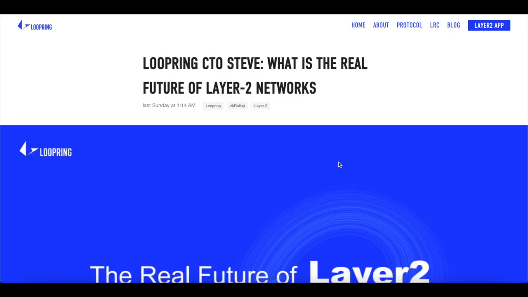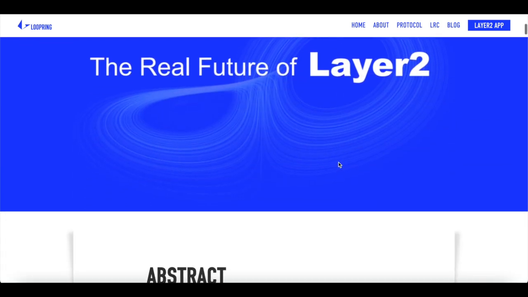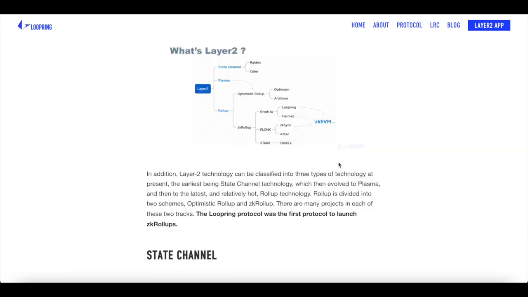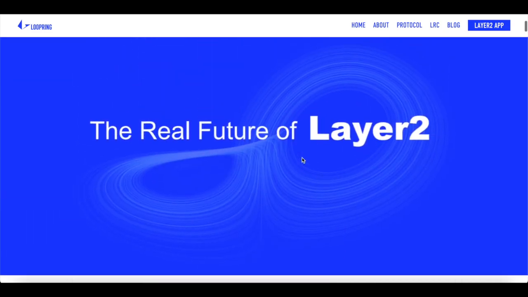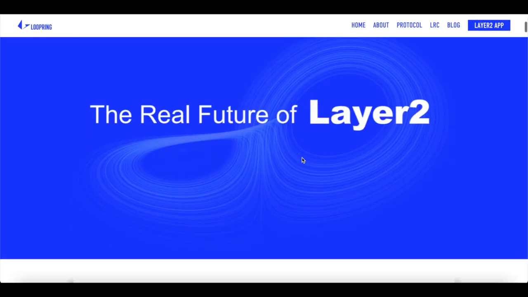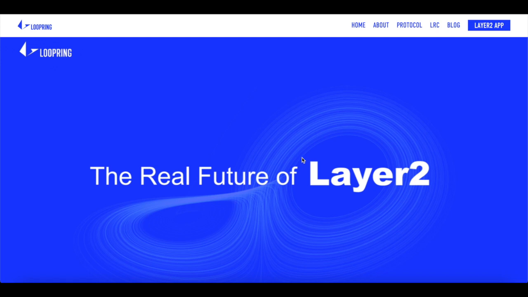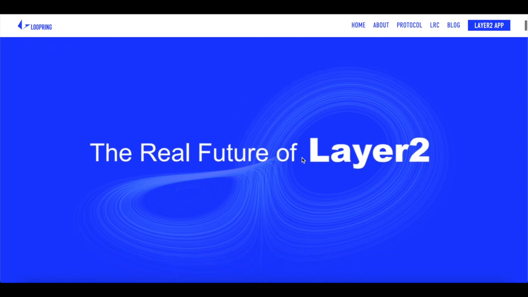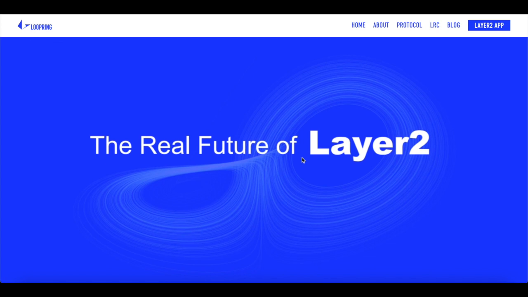Is Loopring a Layer 2 network itself? What is the real future of the Layer 2 network? Now, it does get into some rather complicated information, and I'm not sure everyone watching this video will be interested in this. Once again, this is available on the Loopring blog for you to check out if you find it interesting. They're explaining how Layer 2 is extremely important for Loopring and how it's going to help to evolve the crypto space, the crypto community, and cryptocurrencies in general.